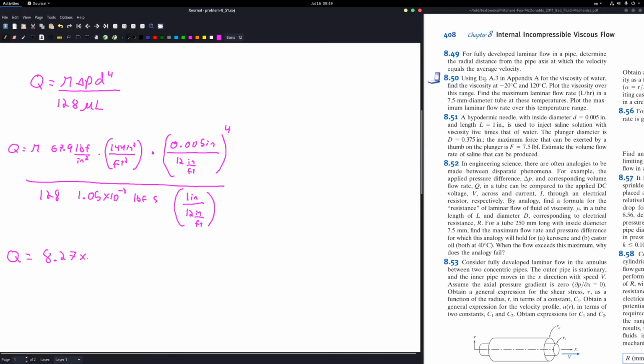What we obtain is that our volumetric flow rate is 8.27 times 10 to the minus 7 cubic feet divided by seconds.